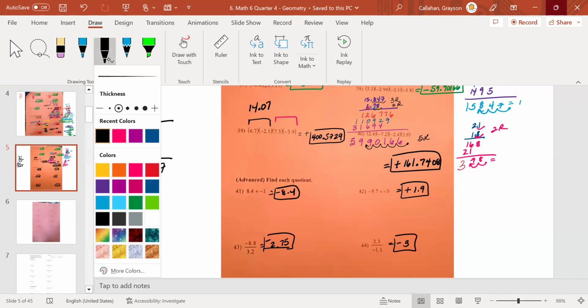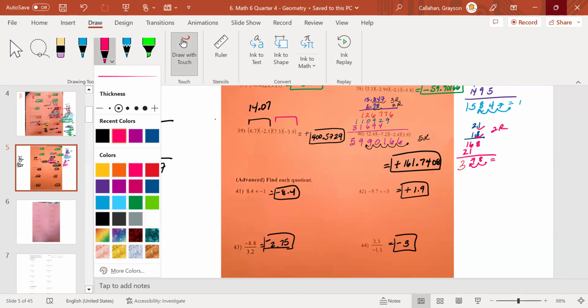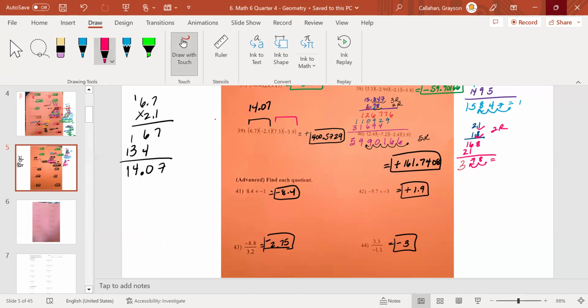The pink part right here is 7.3 times 3.9.